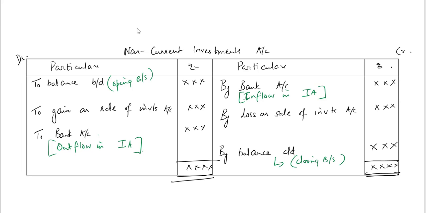Where there is a loss on sale of investments, it will be added in operating activities, and any gain on sale of investments will be deducted in operating activities. So this is a format of the non-current investments account.